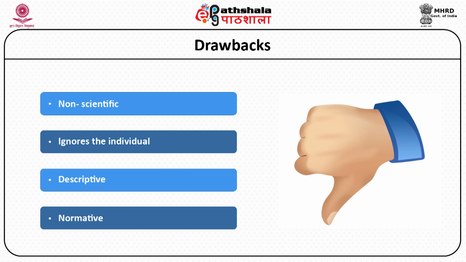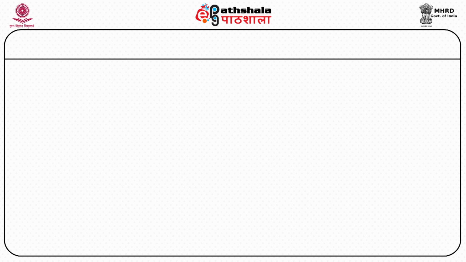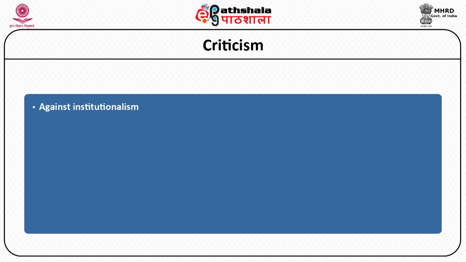who occupies the chair. Now, this trend of studying the individual and pushing the description of institutions to the back burner came during the behavioral revolution, which said that we have to make political science more scientific. There should be less role of values, less emphasis on values.